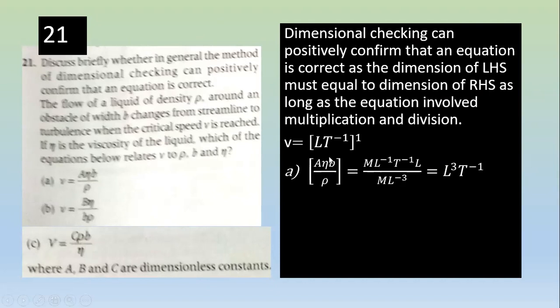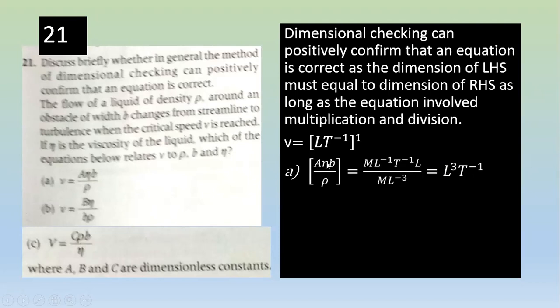A, dimension of area. A, you are told constant, so you don't need to worry.